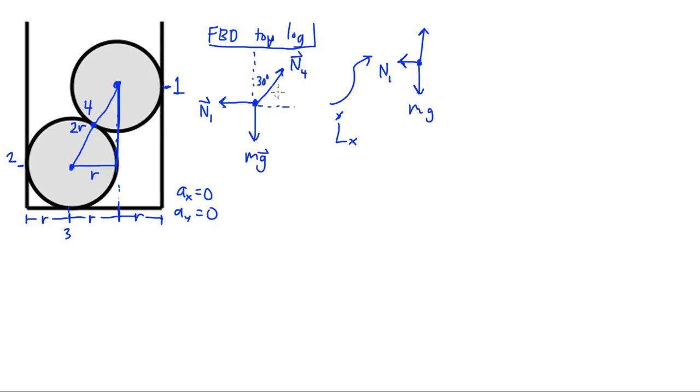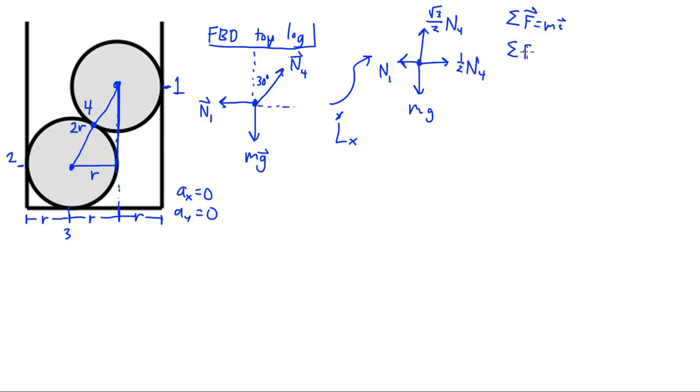Okay, so this N4 splits into two components. This part is horizontal, and since this is 30 degrees, it's N4 times the sine of 30 degrees, which is 1/2, so 1/2 N4. And this vertical one is root 3 over 2 N4. So I'm going to do my equations over here. Sum of forces is ma.